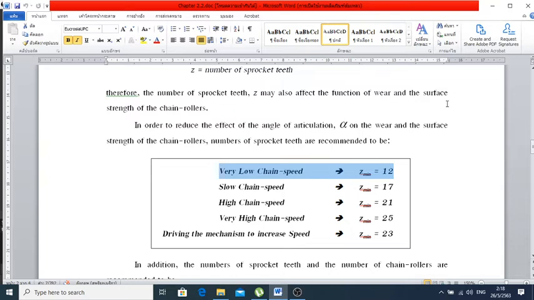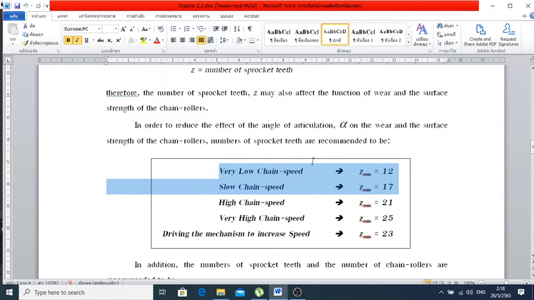Then for high speed chain, really high speed chain is going to be 25, and even if you go for a driving mechanism to increase the speed, you're going to go for 23. In your sense, it's very difficult to verify what is meant by very slow and slow. I tell you what, very slow and slow is typically the normal machine in industry.